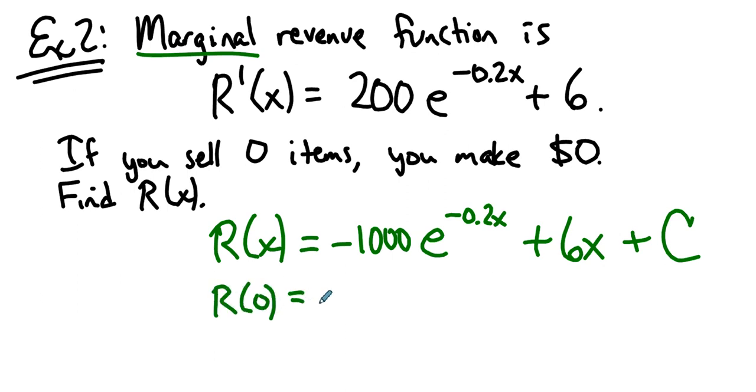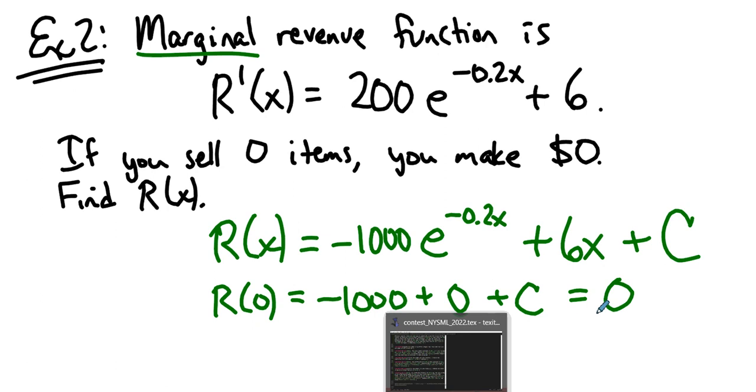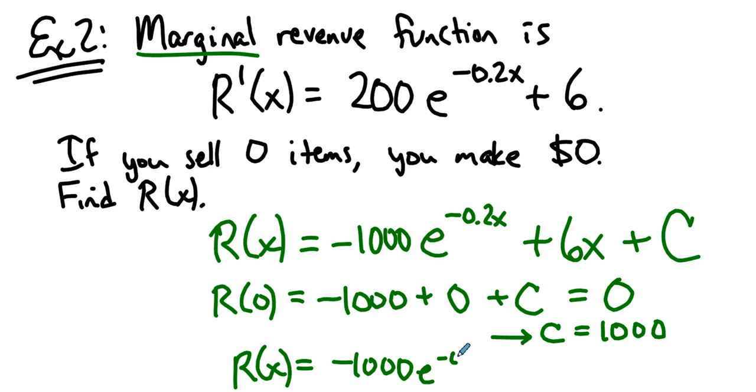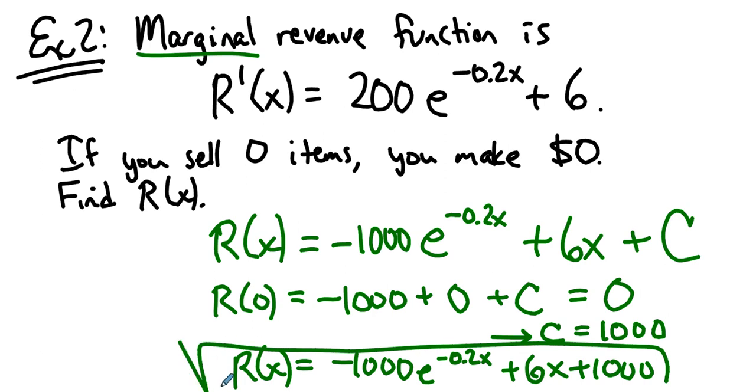If you sell 0 items, well, e to the 0 is 1 times negative 1,000. That's negative 1,000, so if you sell 0 items and make $0, the constant is 1,000, and now we know that r of x is negative 1,000 e to the negative 0.2x plus 6x plus 1,000.